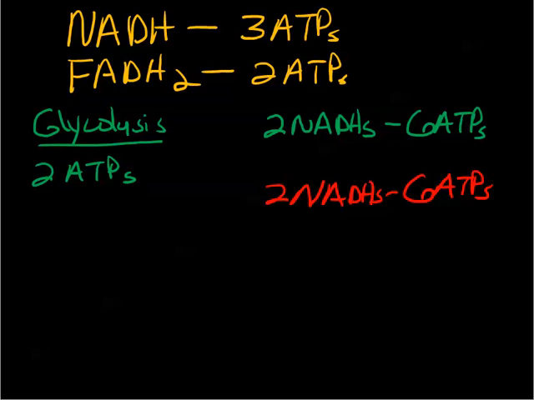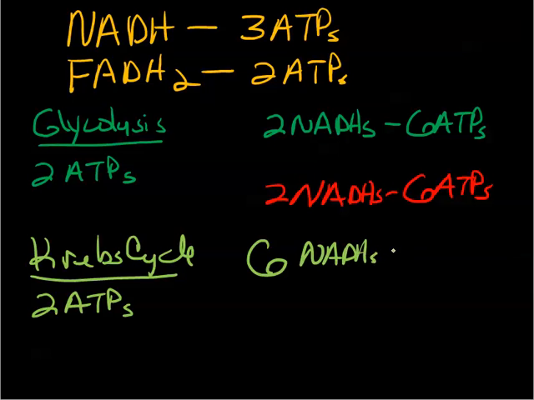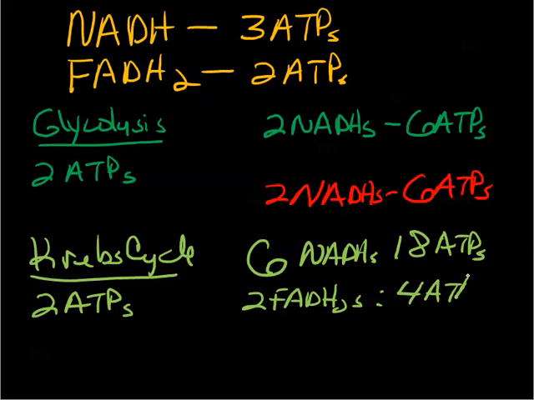Now, for the Krebs cycle, we get 2 ATPs. But we also get 6 NADHs. That's going to give us 18 ATPs. And we also get 2 FADH2s. That's going to give us another 4 ATPs.